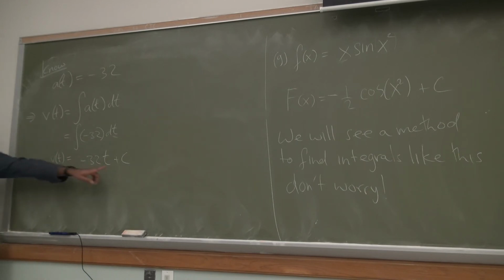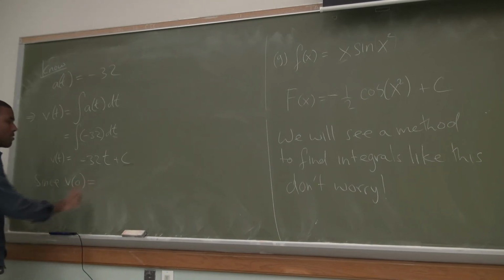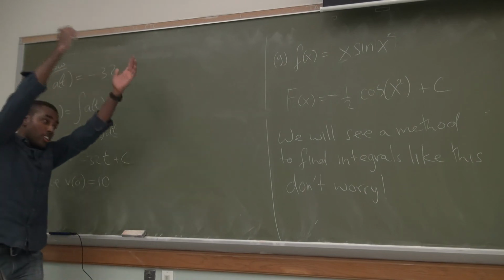Alright, so this gives you my velocity function. But remember I said this could be any constant? It turns out we can find it here. How can we find it? We know some information about the velocity, right? For example, at time equals 0, what is the velocity? It's 10, right? So I get launched off the cliff at 10.